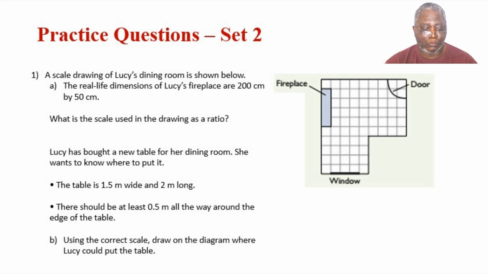She wants to know where to put it. The table is 1.5 meters wide and 2 meters long. There should be at least 0.5 meters all the way round the edge of the table. Using the correct scale, draw on the diagram where Lucy's table should be, the correct position.